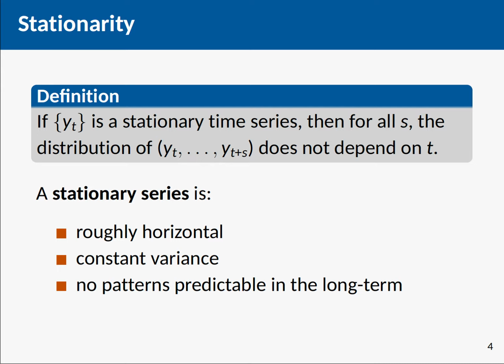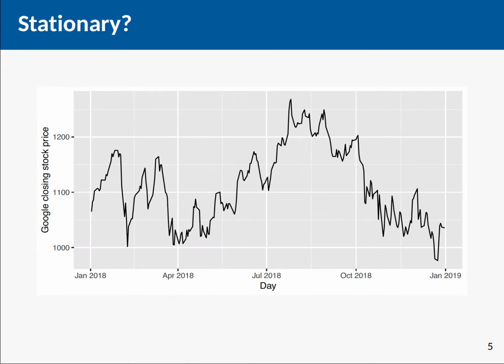It should display constant variance, so it should not show you periods of very high volatility versus periods of very low volatility. It should display constant variability over time, and there should not be any predictable patterns that are observable in the long term. Now we can take a look at different types of time series, and here's one, which is the Google closing stock price for the entire year of 2018.